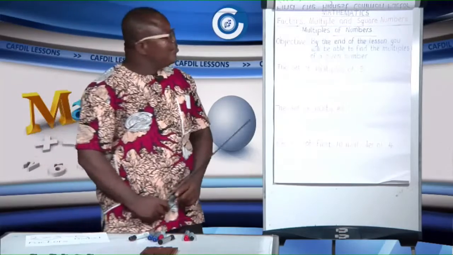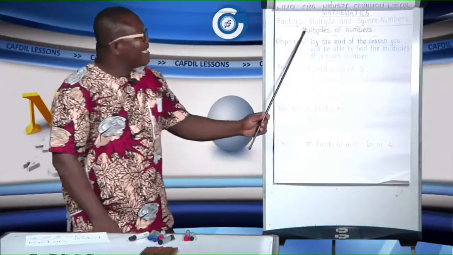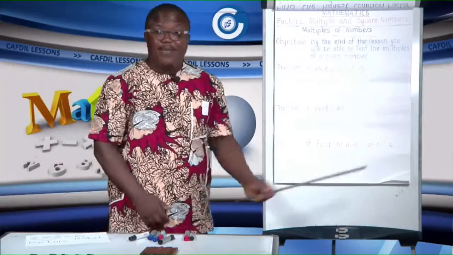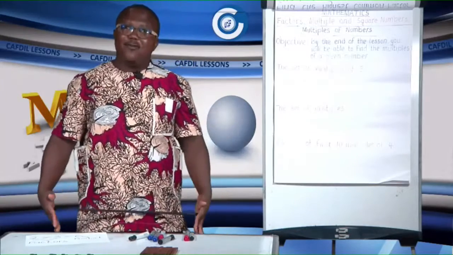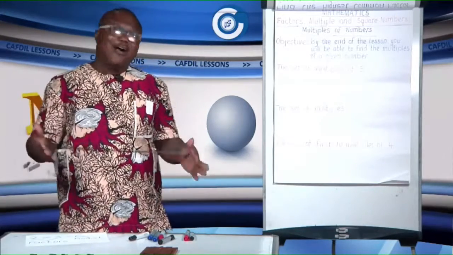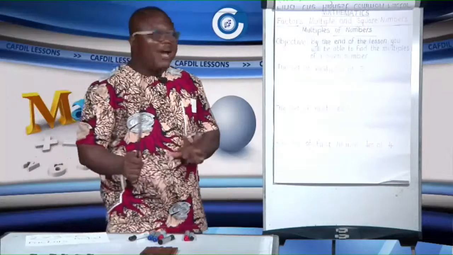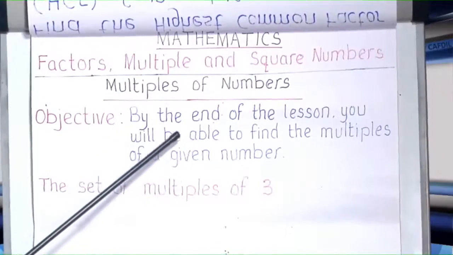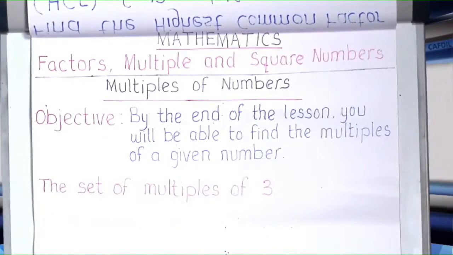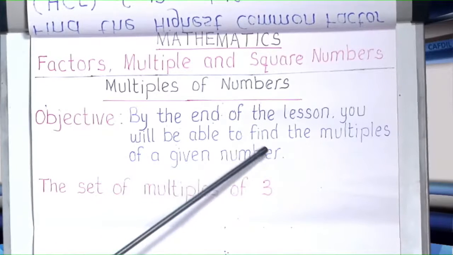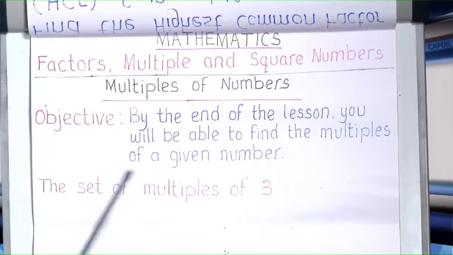We are saying today we are looking at multiples of numbers. And now let us look at our objective. Our objective is by the end of the lesson, you will be able to find the multiples of a given number.